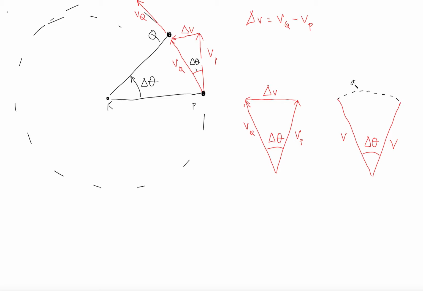That will give me this arc length of v delta theta. And we were wanting to find what delta v was. Well, when delta theta is small, we can roughly write delta v is approximately equal to the length of the arc v delta theta.